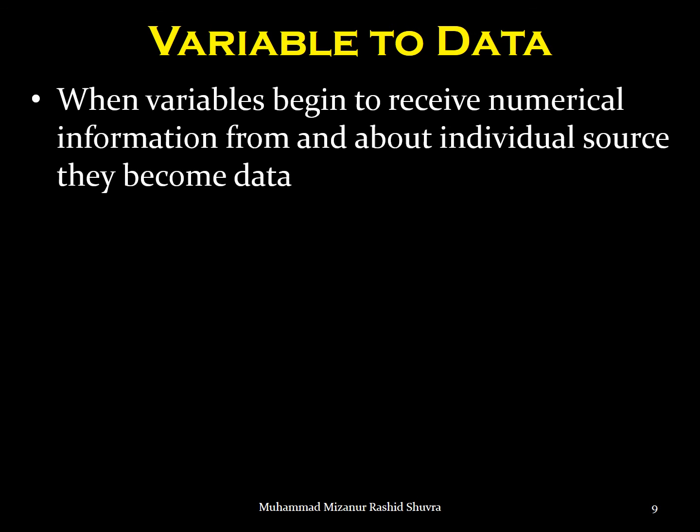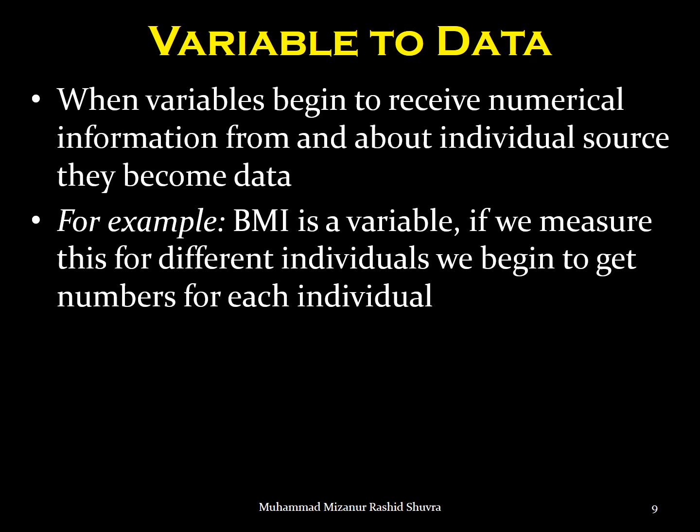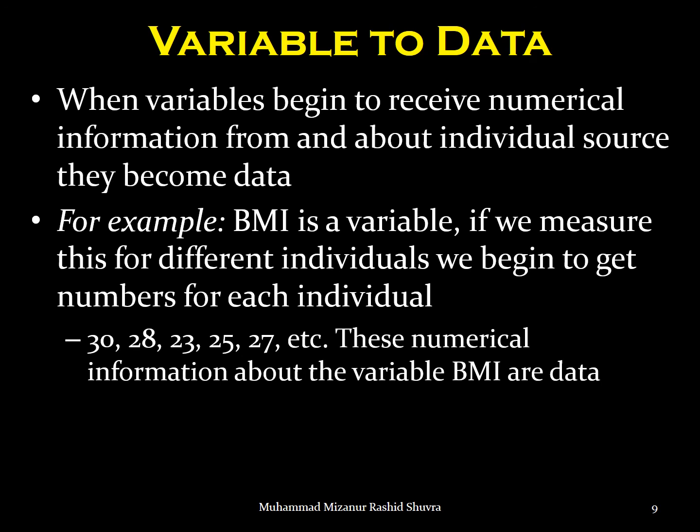When variables begin to receive numerical information from and about an individual source, they become data. We've talked about that. For example, BMI, the body mass index, is a variable. From person to person it's different. If we measure this for different individuals, it's going to give us different numbers. Note that BMI does have units.